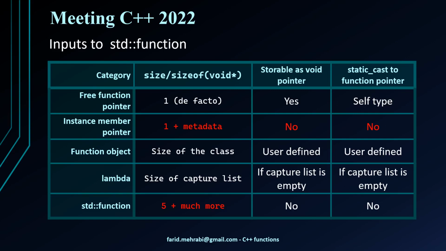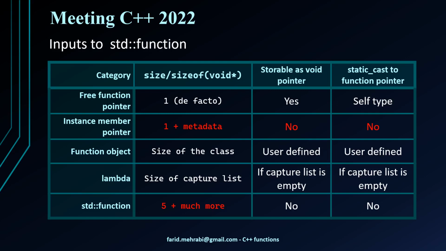The last input to the std::function is the self type. This type of function normally needs more than 5 times the size of a normal void pointer as memory. However, on some platforms, I have seen twice as much as this number. That is, I have seen platforms where storing a std::function takes 10 pointer sizes.